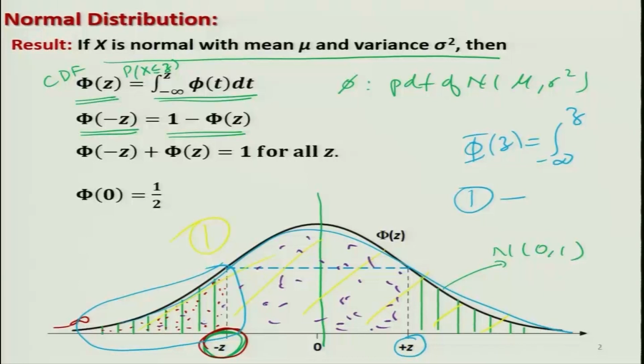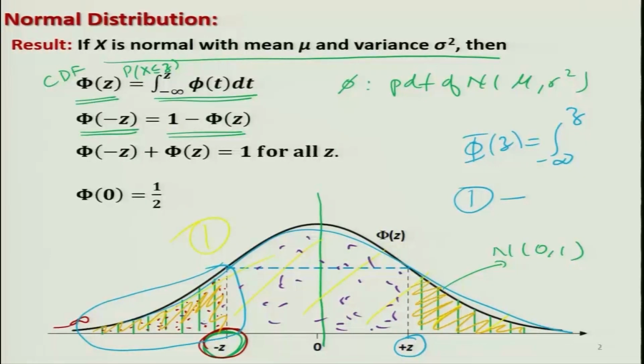And you have seen that normal is a symmetric curve. So, this area, which I am now indicating in orange color, and this area on the right hand side are going to be the same because the curve is symmetric.